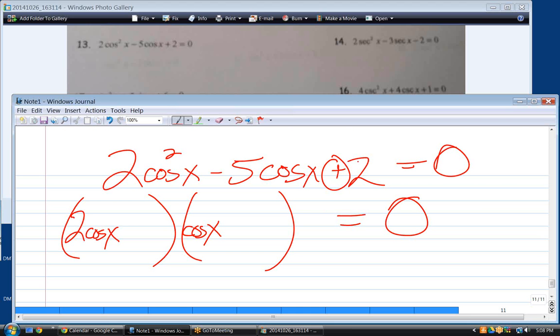This plus on the 2 tells you that they have to both be negative or both be positive. The minus on the middle term tells you they have to both be negative. Okay. All right. Just like algebra. It's exactly the same. If I had 2x squared minus 5x plus 2, I would factor it exactly the same.